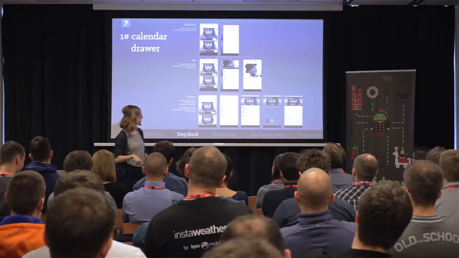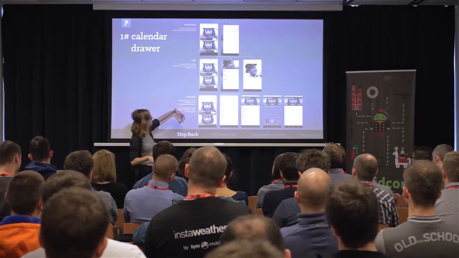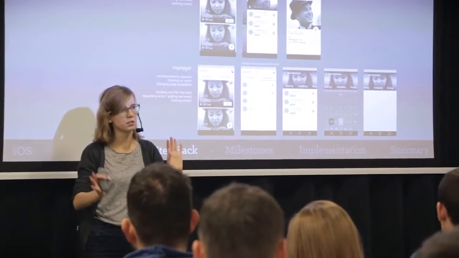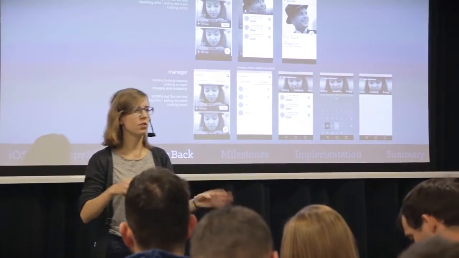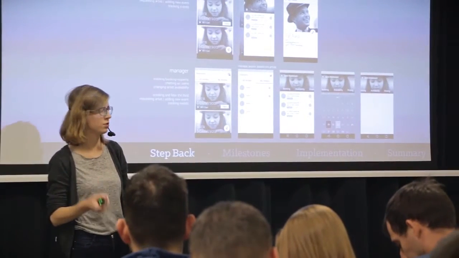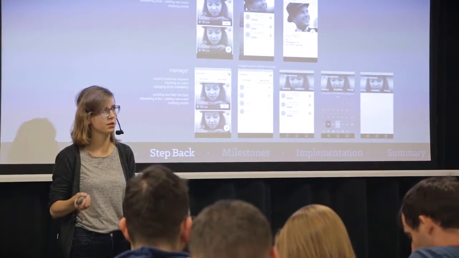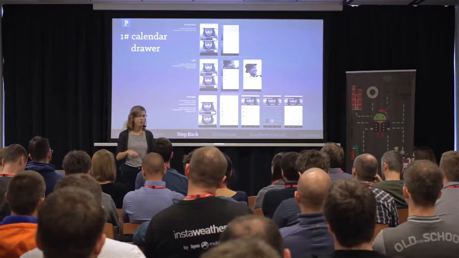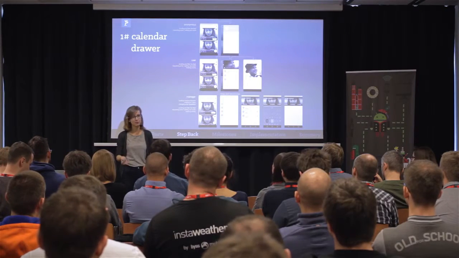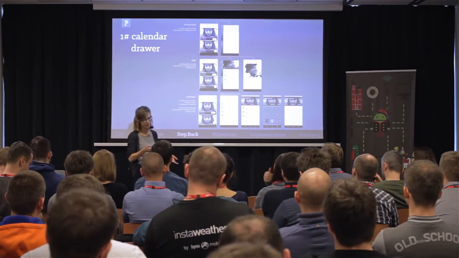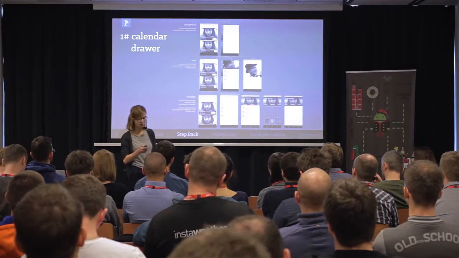And we use drawers in the manager section just to divide those 2 roles of one user, because one user could be both a manager and a regular user at the same time. Okay, so this was the first idea.